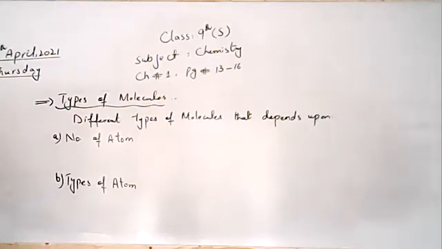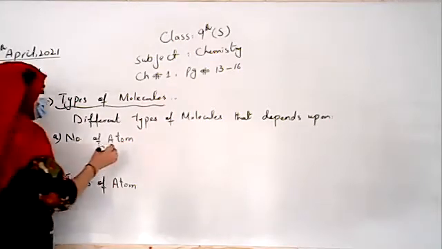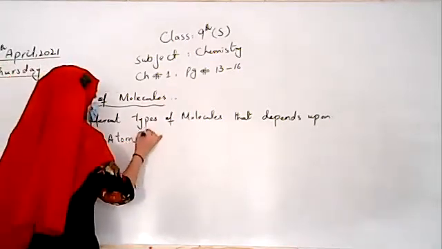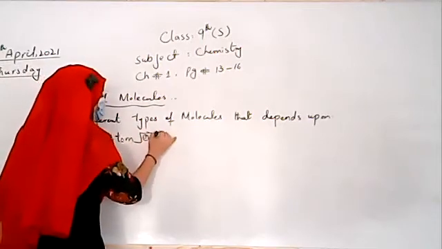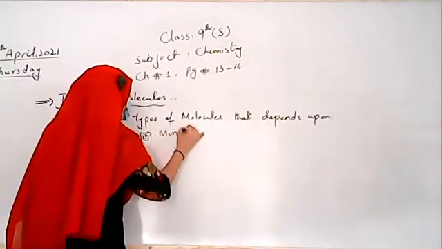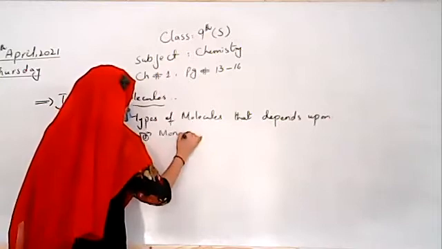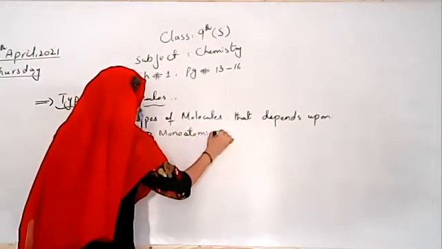Comes to the first type, that depends upon the number of atoms. There are 4 types that depend upon the number of atoms. Number 1, monoatomic molecule.